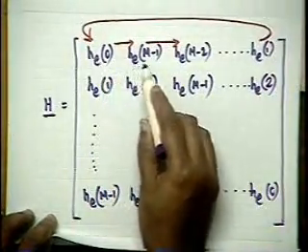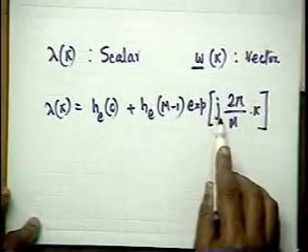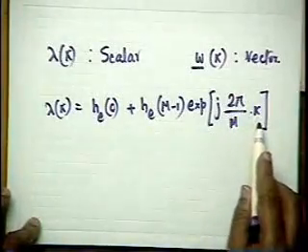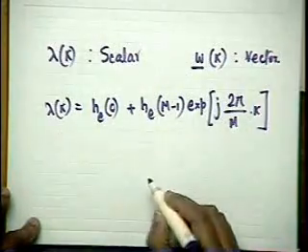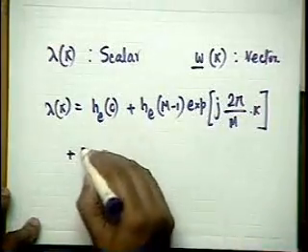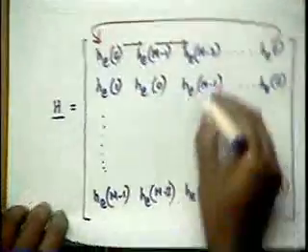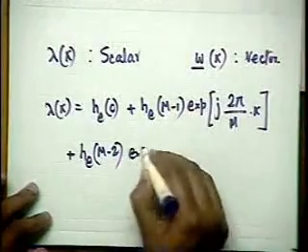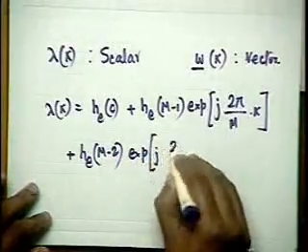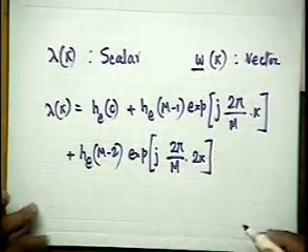When I take HEm-1, I multiply it by a complex exponential term, exponential to the power j 2 pi by m into k. Plus HEm-2, the next element, multiplied by the complex exponential j 2 pi by capital M into 2k.